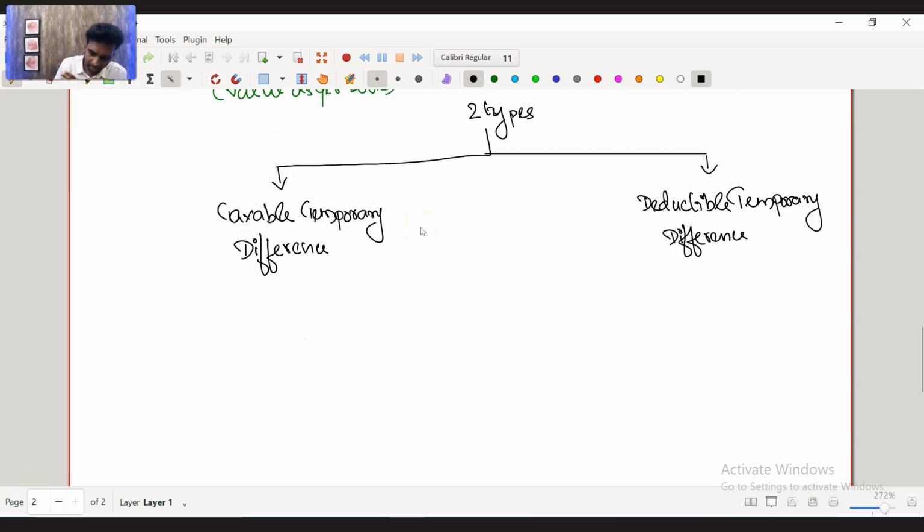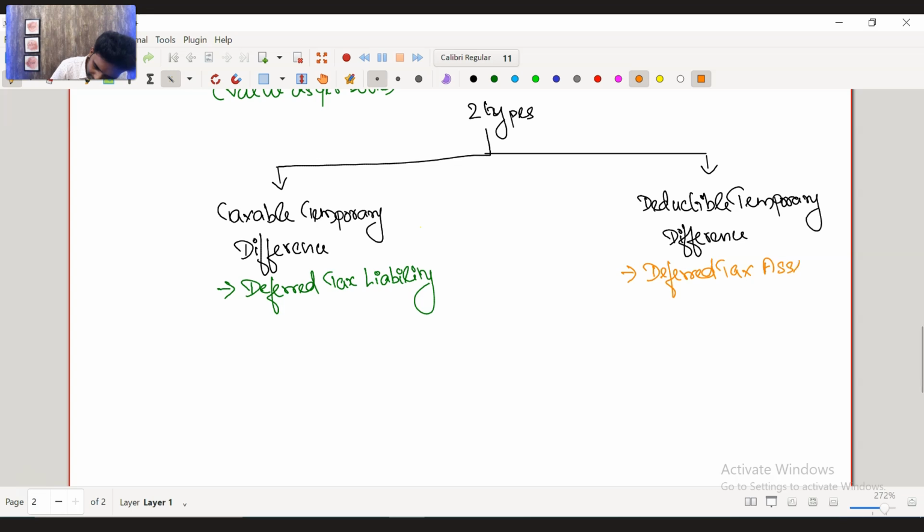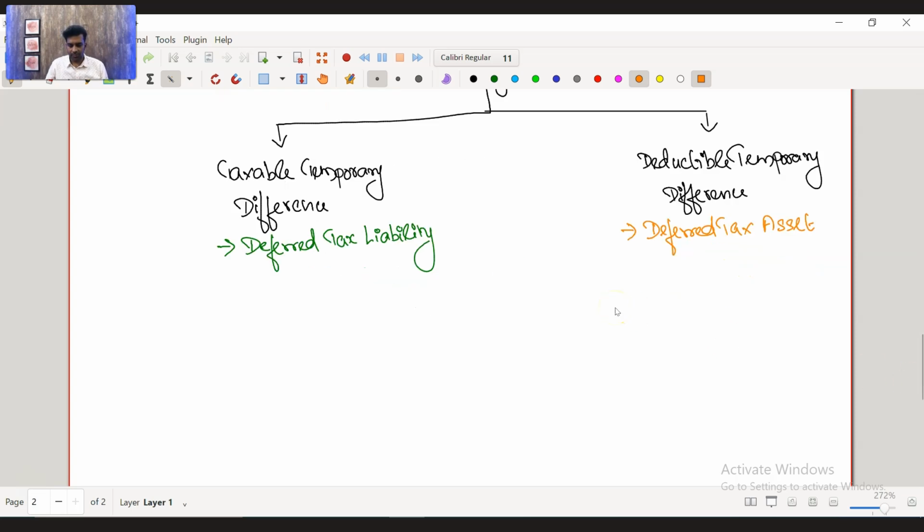So taxable temporary difference will lead to creating deferred tax liability, whereas deductible temporary differences will lead to creating deferred tax asset. So deferred tax liability versus deferred tax asset. These are the two types of differences.